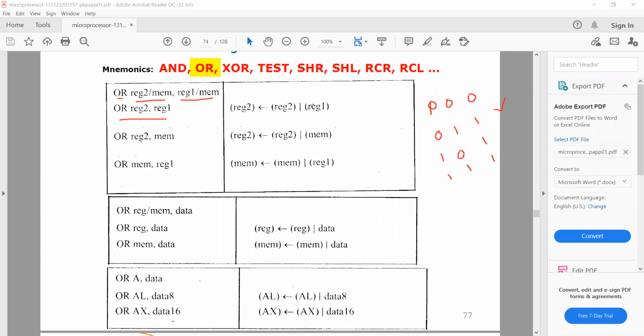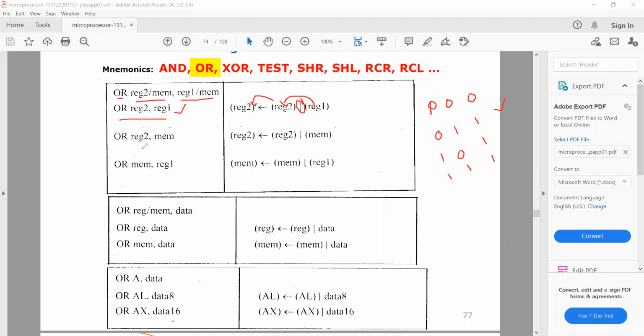That means the data present in register 1 will be ORed with the data present in register 2. This symbol indicates the OR operation, and the entire result will be stored in register 2 itself. This is called register addressing mode.